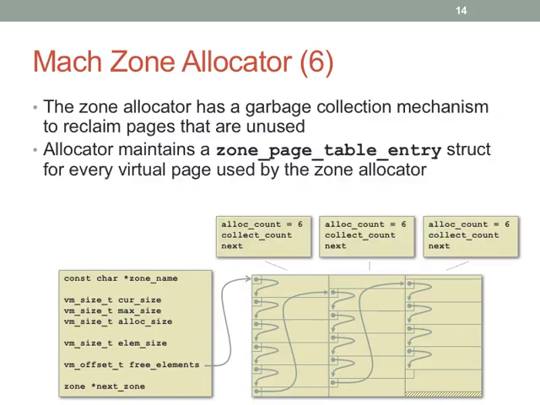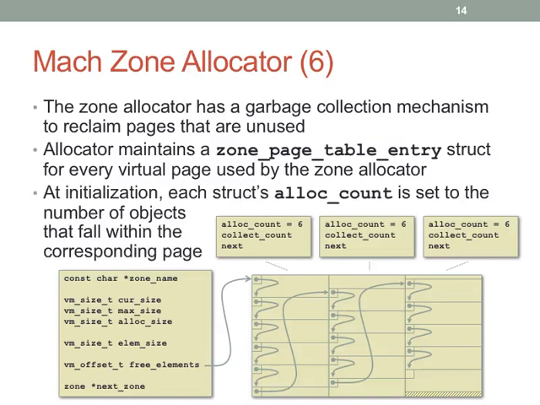The way that this works is the zone allocator keeps track of details for each virtual page that's part of the zone. Okay? And by part of the zone, I mean part of the object pool part of the zone. So we have these details: alloc count, collect count, and next, so that we can string these things together. So alloc count is just set to how many objects live either partially or completely within this virtual page.